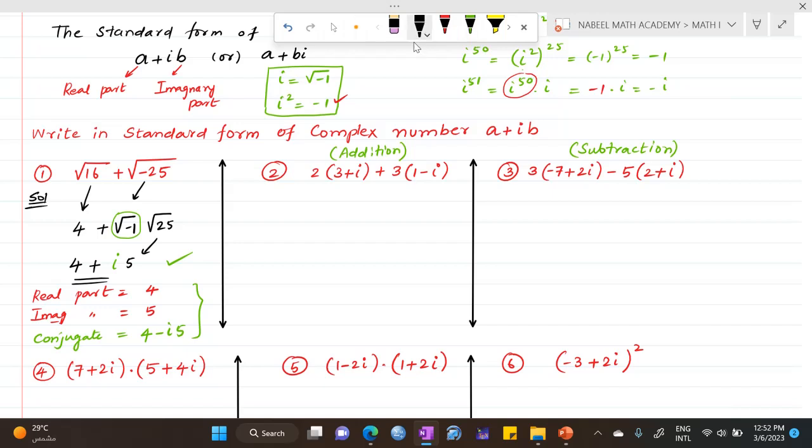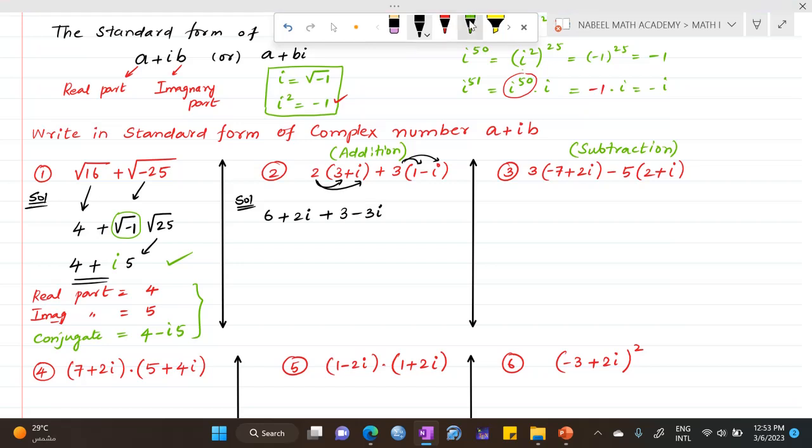Now the next one is two complex numbers we are adding together. How will you add these two complex numbers? First you have to multiply. So what is the multiplication? It is 6 plus 2i. Then I multiply with the 3, so you will get plus 3 minus 3i.